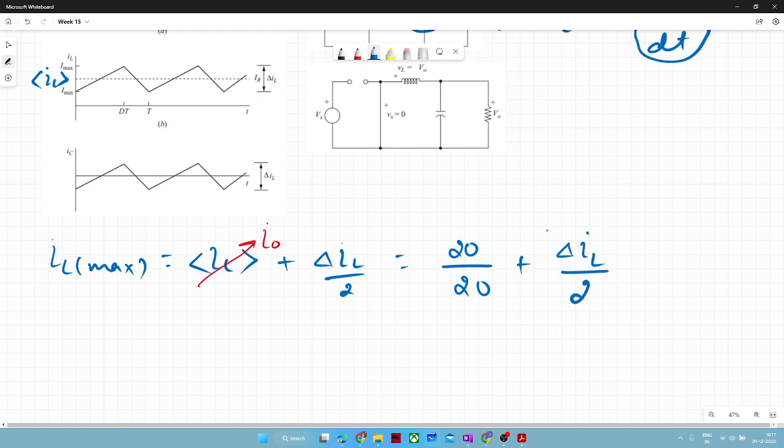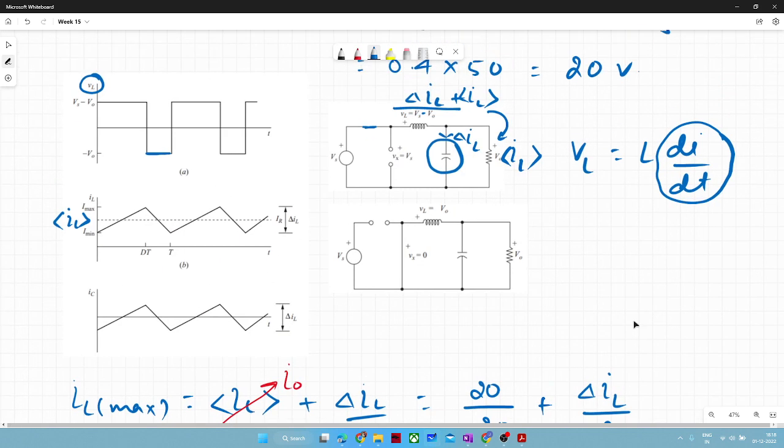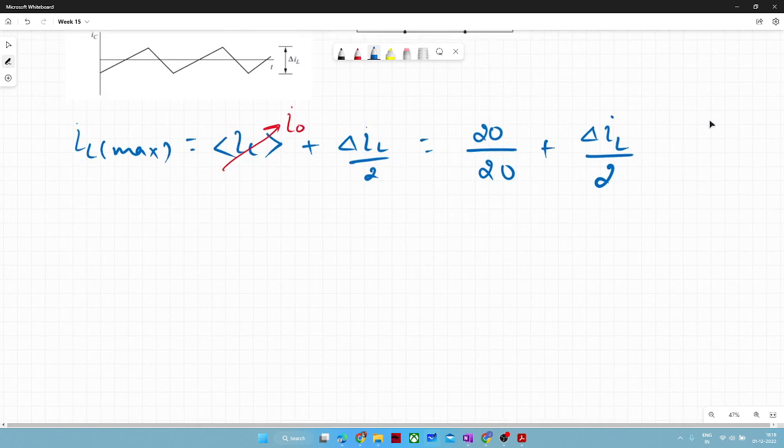Now the point is to calculate del IL. Let us suppose any instance, either turn on or turn off. During the turn on period, the voltage across inductor was Vs minus V naught, the change in inductor current is del IL, and this time is 0 to DT. So L del IL by DT is equal to Vs minus V naught, because we are considering the time for turn on only.